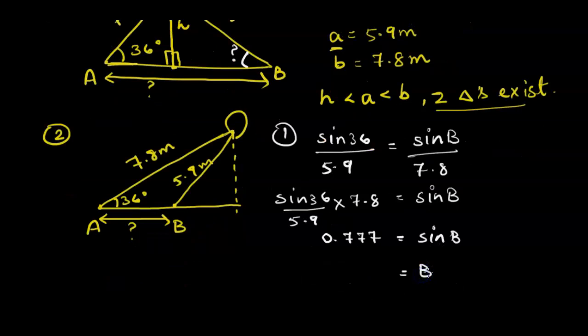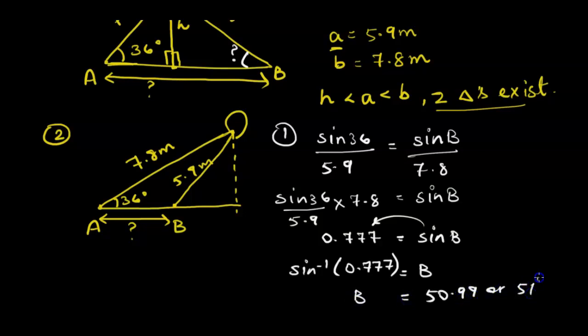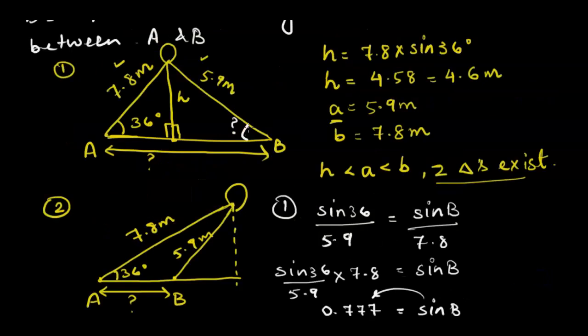As we are looking for angle B, we would take the sine to the other side, so it becomes sine inverse of 0.777, and that would give us angle B equal to 50.99 or 51 degrees. Therefore, we got this angle equal to 51 degrees.